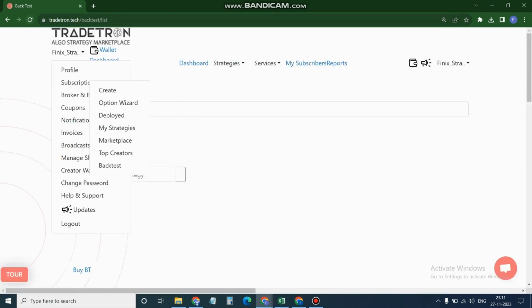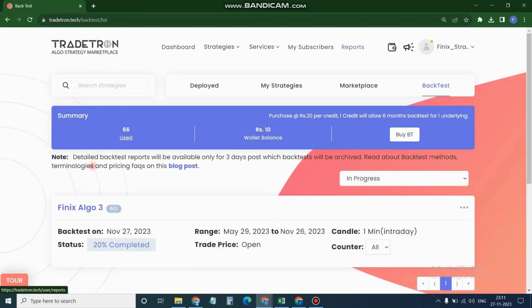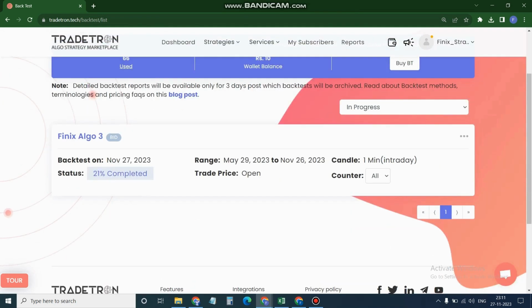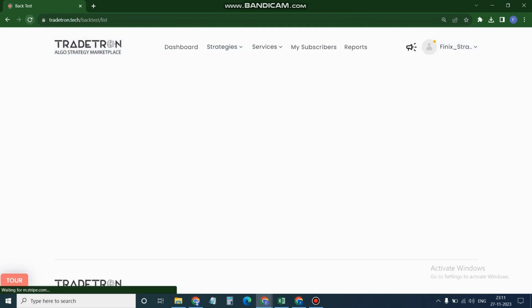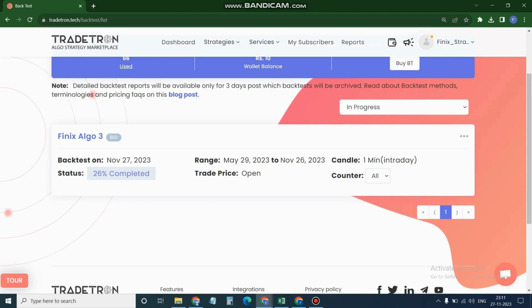Okay, something happened to my Tradetron backtest. Okay, so it's running. I will pause the video because it has to complete. It will take some 1 to 3 minutes. That's the reason I'm pausing this.